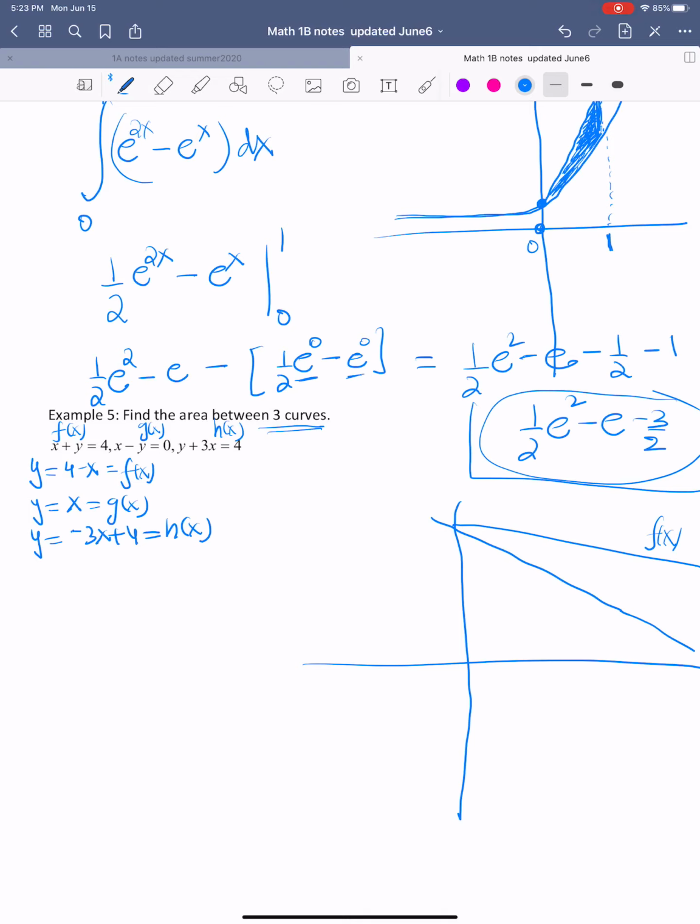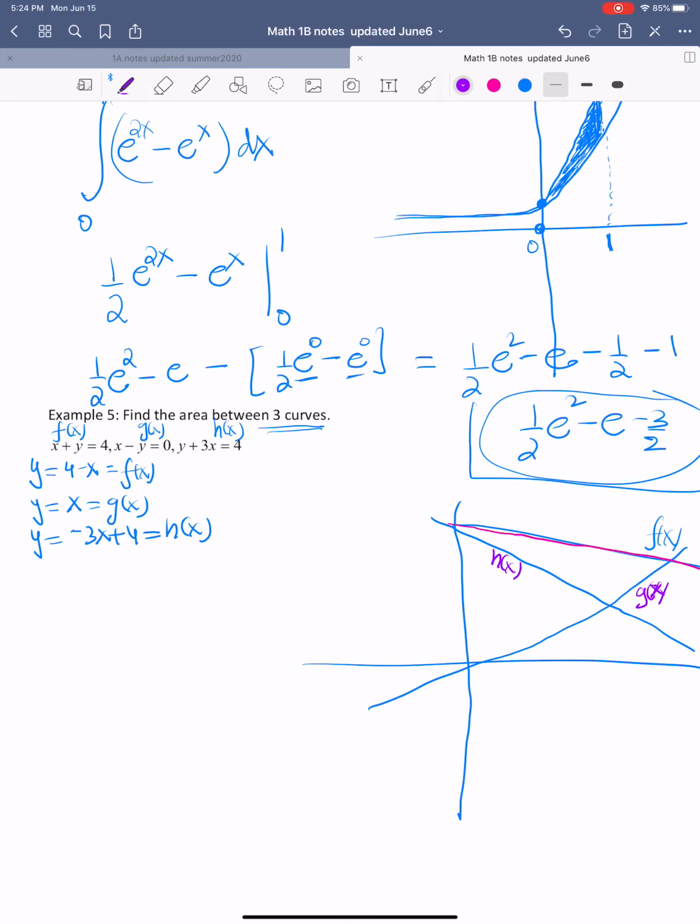And the third line is something like this. Y is equal to x would be something like this. So we have f of x. Maybe I should use different colors. F of x here, and g of x is this line, and h of x is this line.